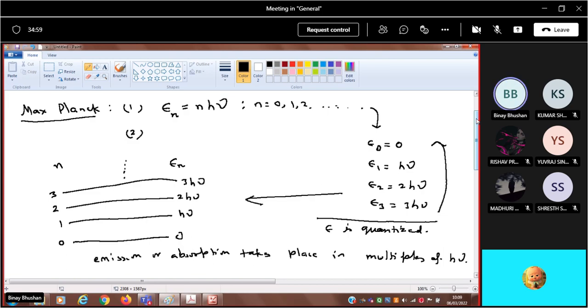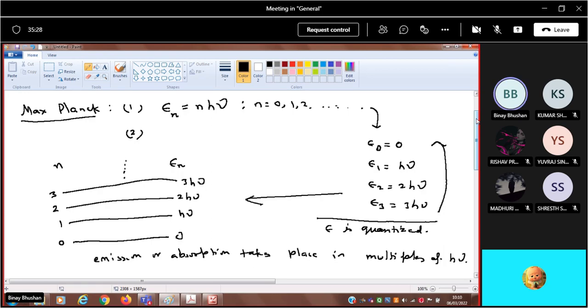It can be 532.57. Could be anything. That means energy could be anything. But Max Planck said that no, the energy of an oscillator cannot be anything. It can have only certain discrete values. And those values are 0, h nu, 2h nu, 3h nu, 4h nu, 5h nu, like that.